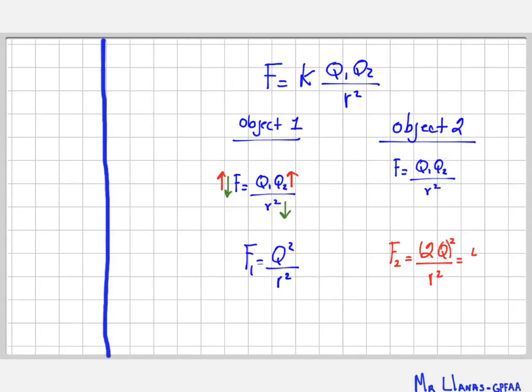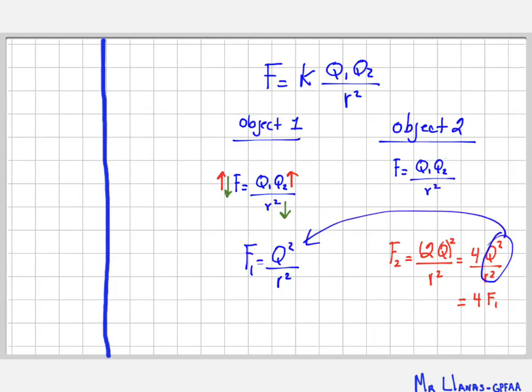So don't forget to square. So we go ahead and square that, and that gives us 4q squared over r squared. We know that q squared over r squared equals the first force, so that would give us 4 times the first force. Again, that's just doubling the charge. We know that the force will go up, and it goes up 4 times the original force. You gotta be able to look at these problems and find how those two forces compare.